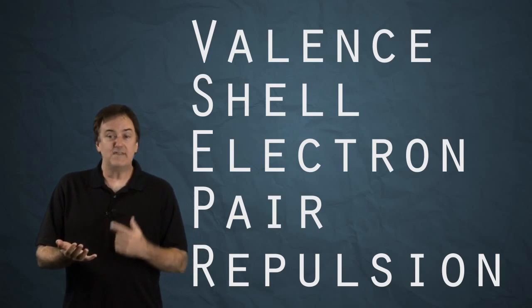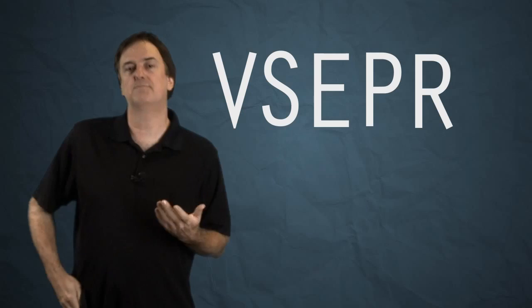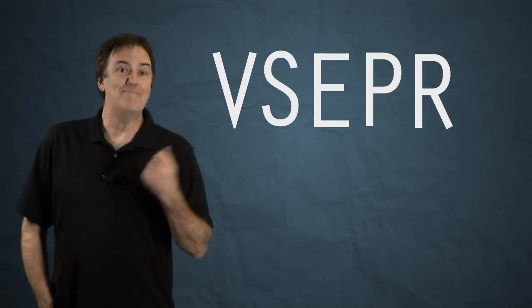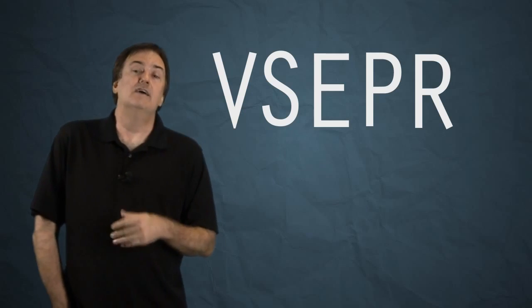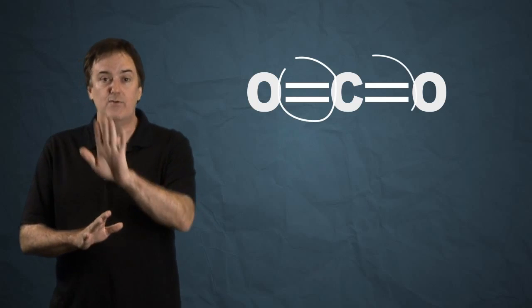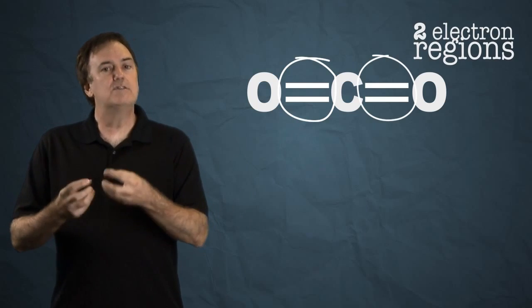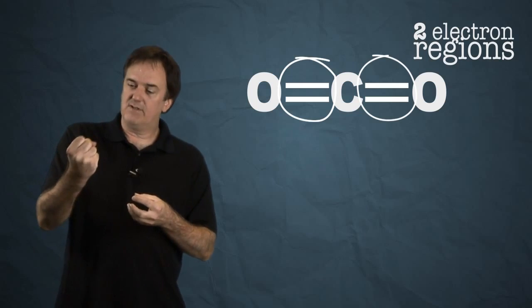We often just call it the VSEPR theory, and then we kind of just say it all together, VSEPR theory. So you'll hear me say VSEPR theory from now on when I mean the previous. So the way it works, and the name kind of gives it away, is you take your electron dot formula and you simply count electron regions around the central atom, and you realize that each of those regions is a negatively charged region.